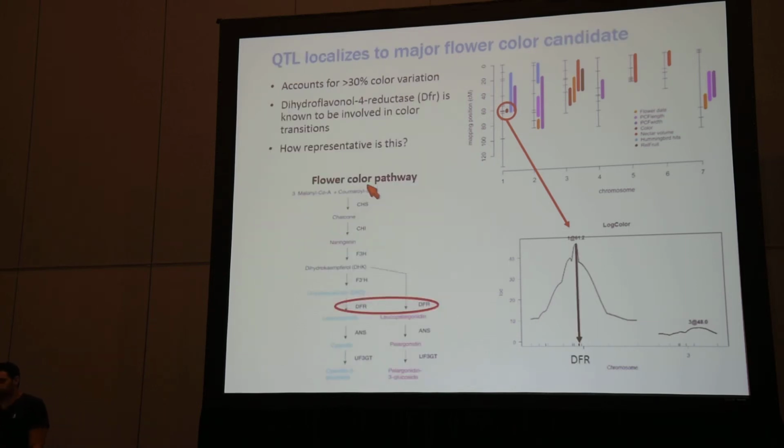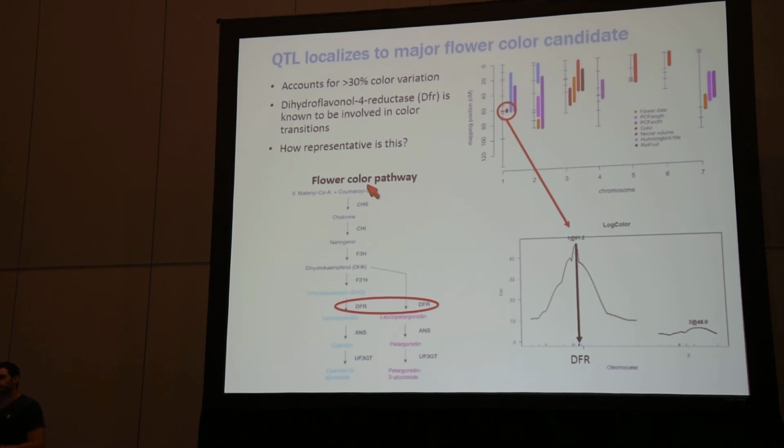And also, it localizes to an expressed sequence tag for a gene called dihydroflavonol 4-reductase, which some of you probably know as DFR, which has been implicated in color transitions in several other species. So we think we have a pretty good flower color candidate for floral diversity in this subspecies.